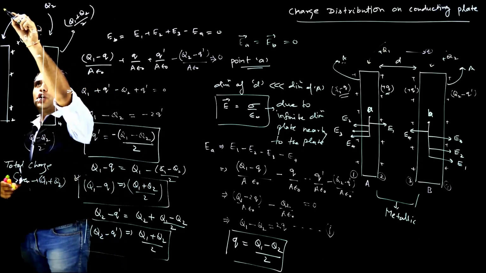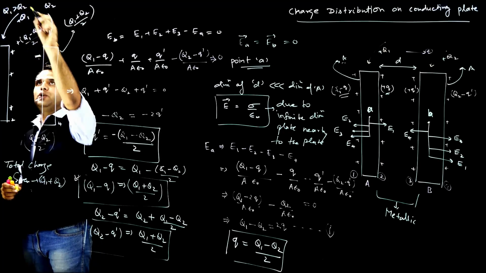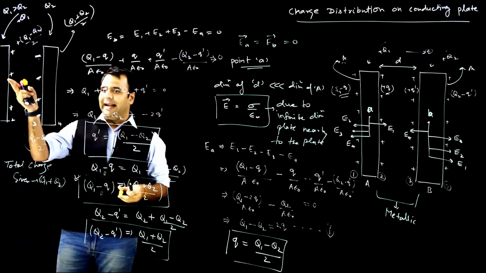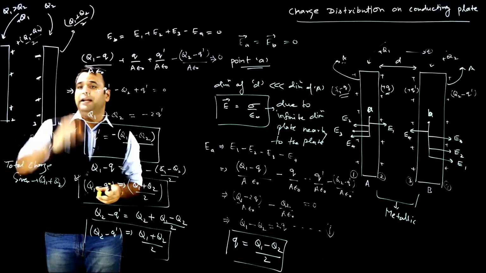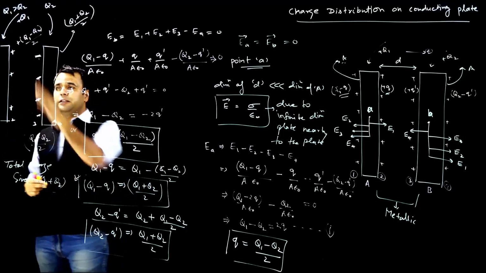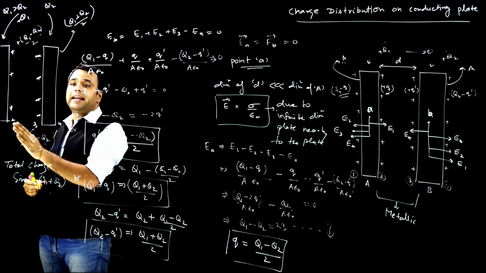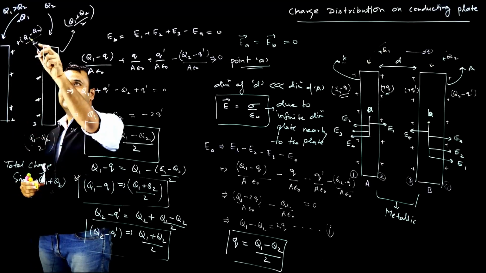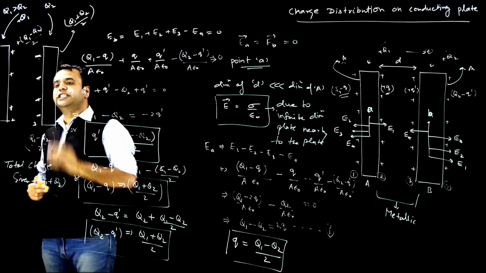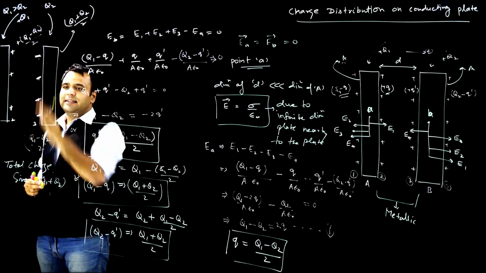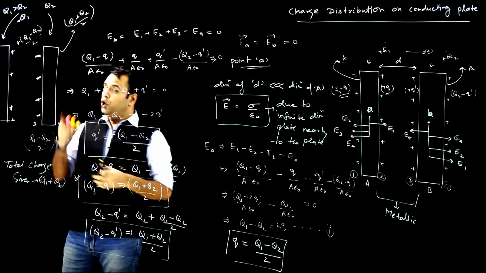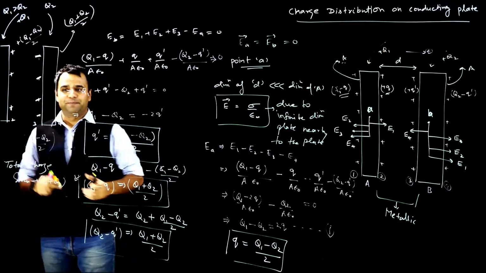So if q1 is greater than q2, if the plate A is getting more positive charge than the plate B, in that case, the inner side of the plate A will be positive, because then q1 minus q2 will be a positive value. And here it is negative. But if q2 is more than q1, the reverse will happen.